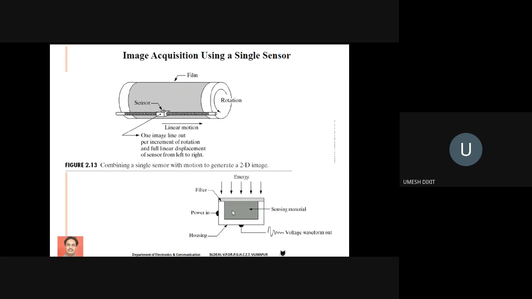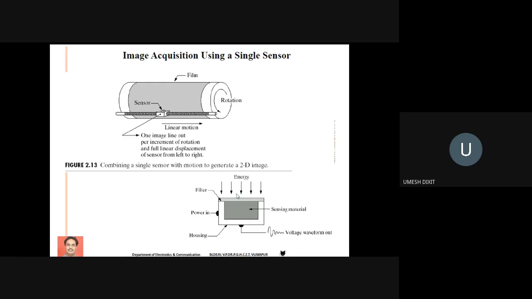Okay, so if you look at this part, this is the diagram given for single sensor. The very good example for single sensor is a photodiode. Maybe a photodiode or phototransistor, it can be used as single sensor.